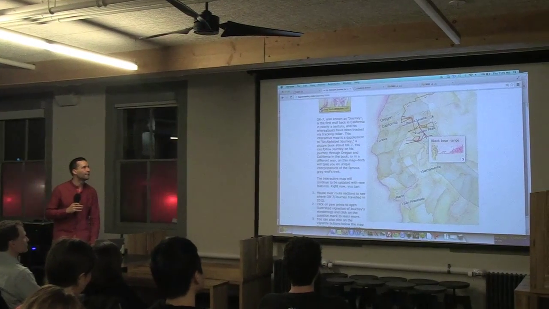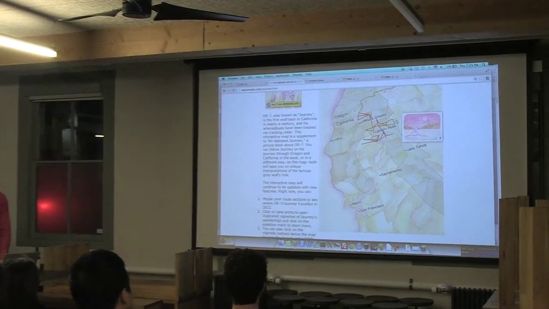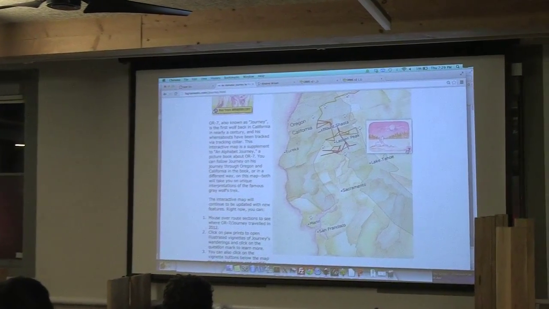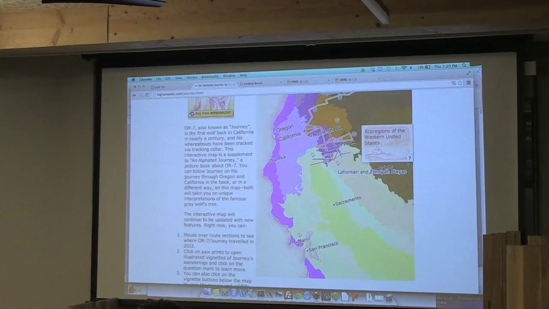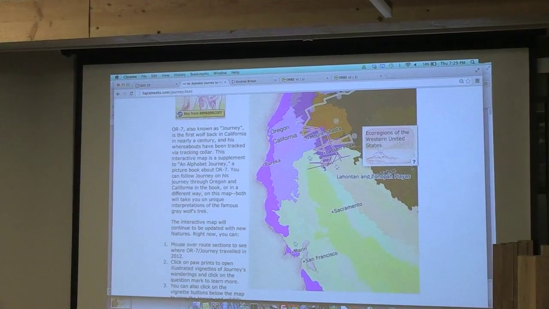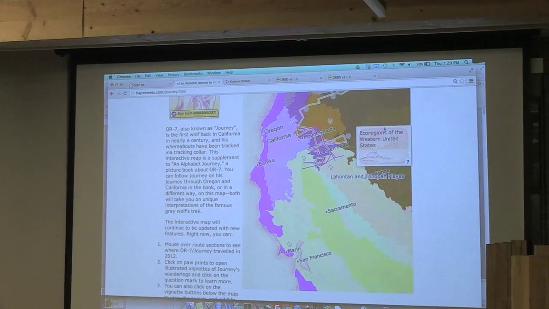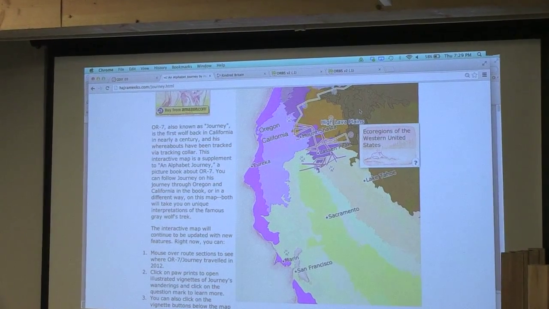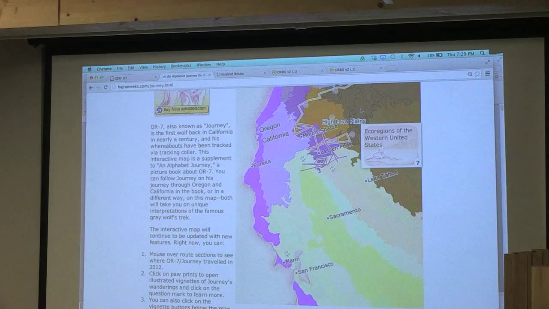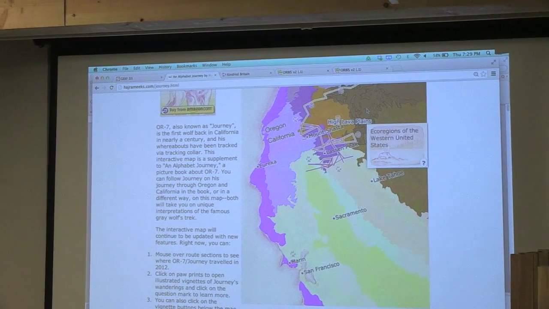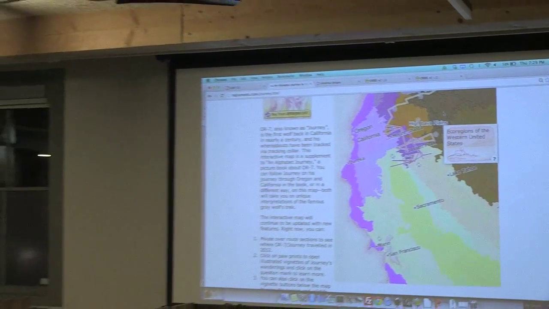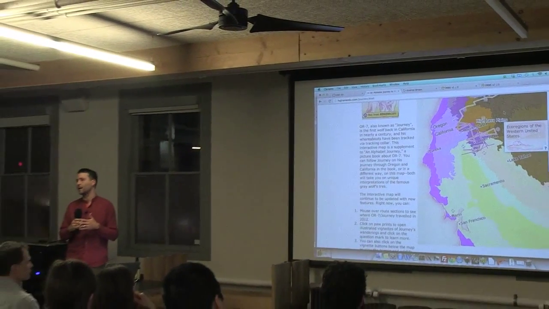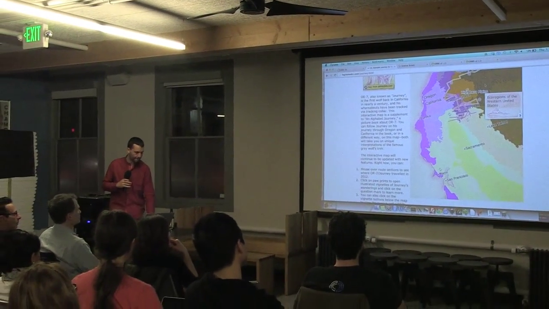Or, I think this is the one, I always forget: what are the ecoregions of the western United States that this animal is passing through? And again, it's a system. You've already declared that this is a geospatial view of this story. And if that's a geospatial view, then how does it tie into other aspects of this geospatial system?